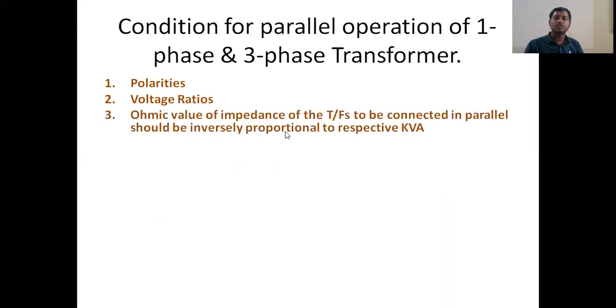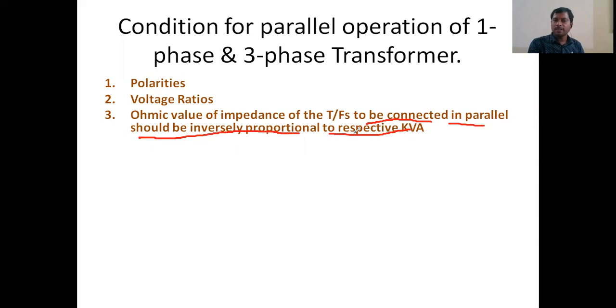The third condition is, this is the most important condition: the ohmic value of the impedance of the transformers to be connected in parallel should be inversely proportional to the respective kVA rating.